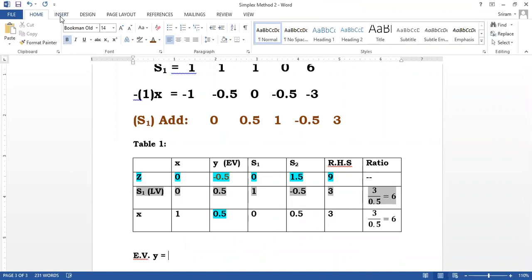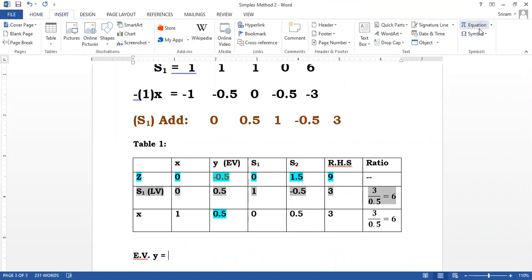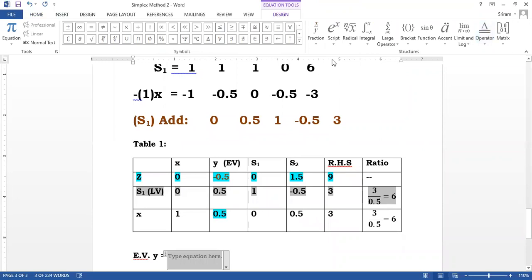What we have to do? We are going to take the current row. What is the current variable now? S1 is the variable, isn't it? Typing mathematics is a little difficult here. Just one second.